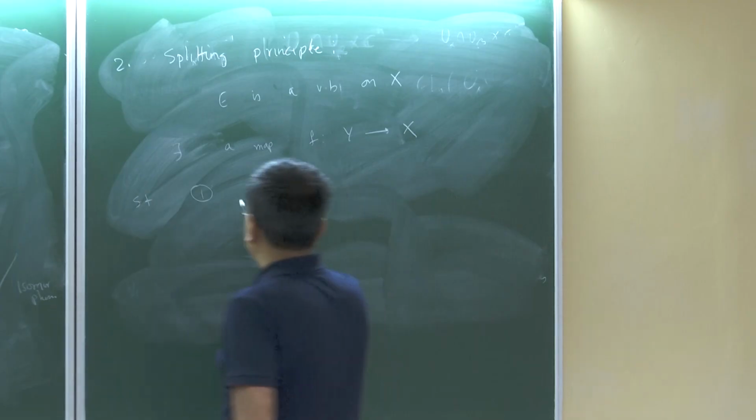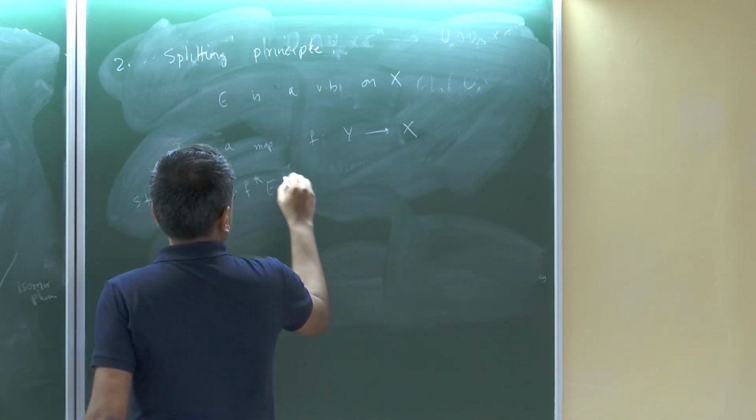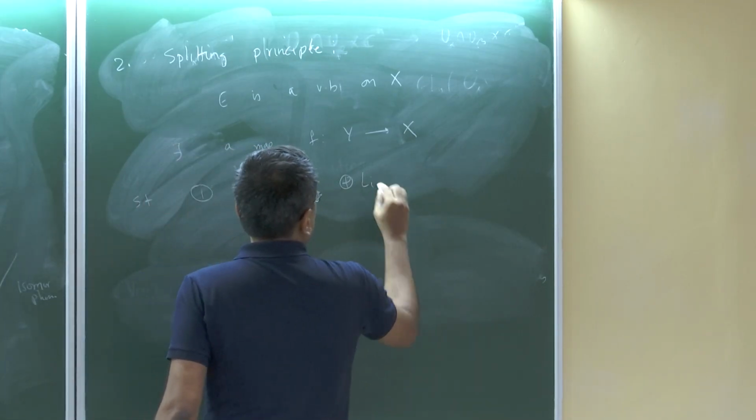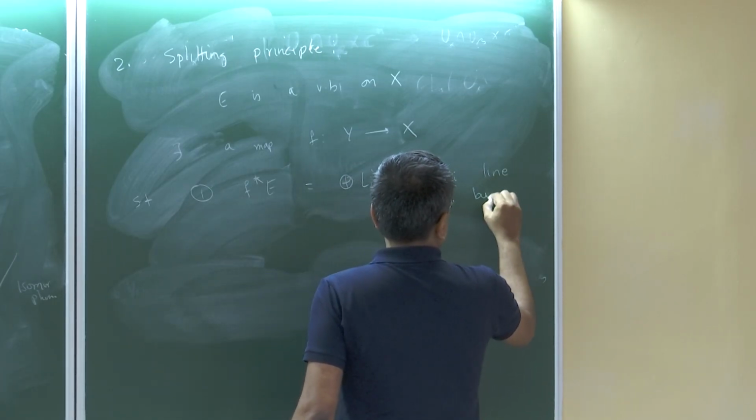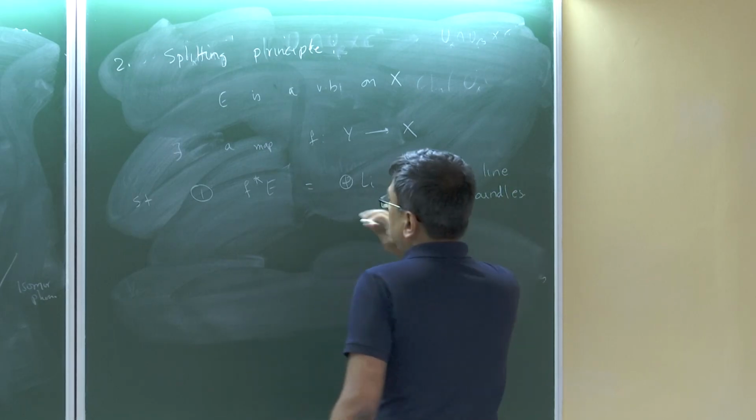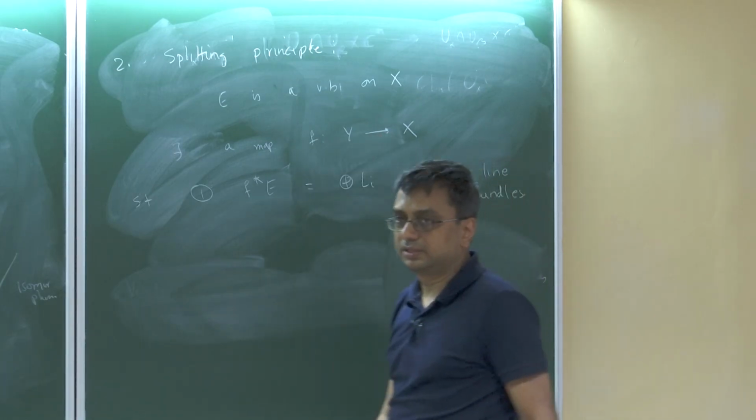So F pullback of E is a direct sum of Li, where Li are line bundles. Of course, there will be rank E many line bundles.